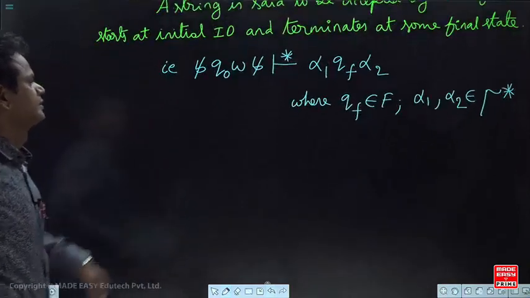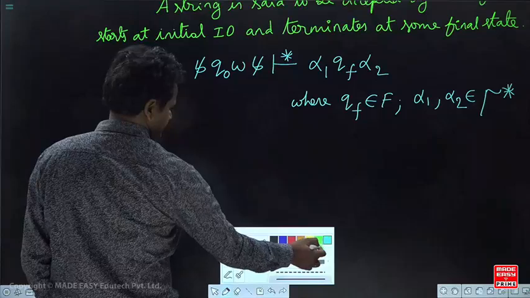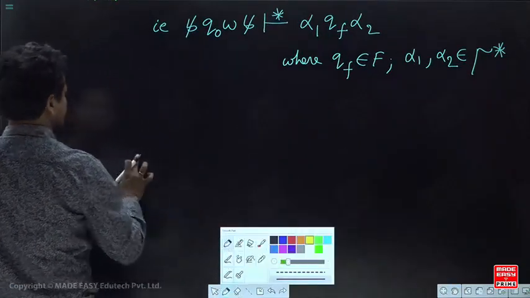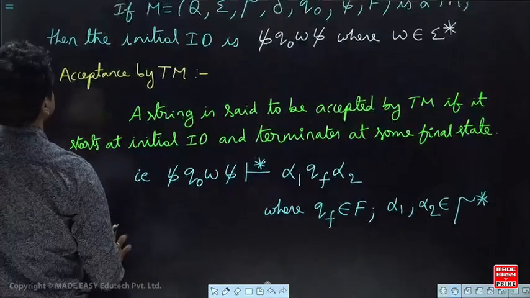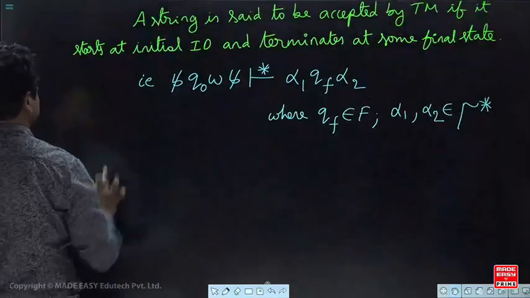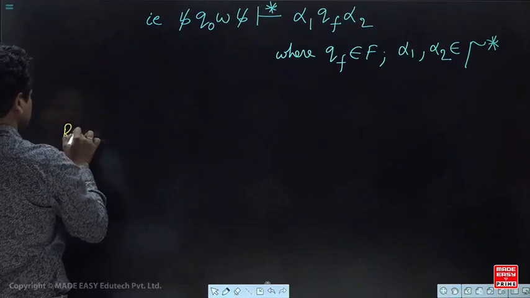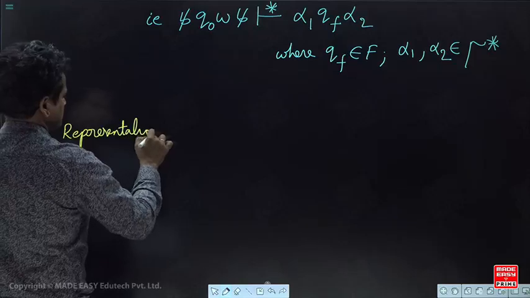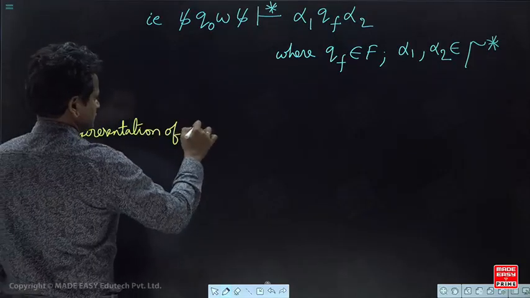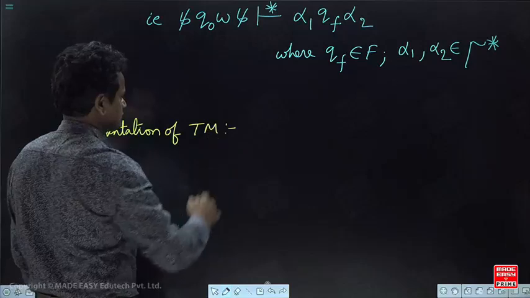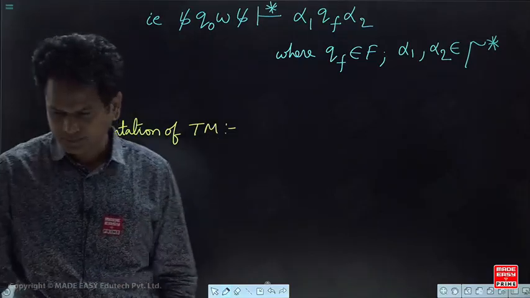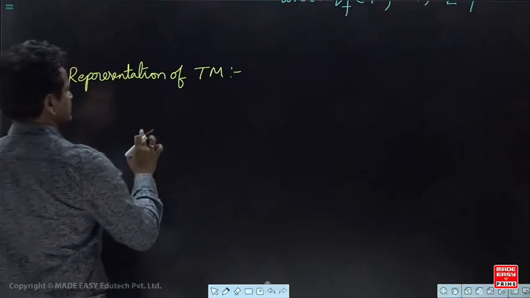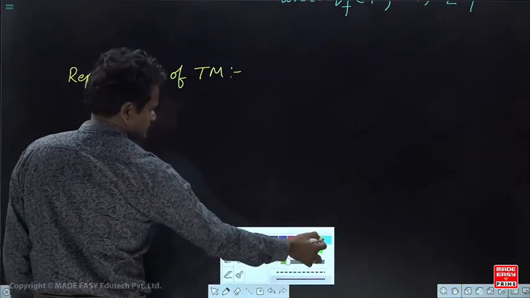Next, representation of Turing machine. You can represent the Turing machine in two ways.